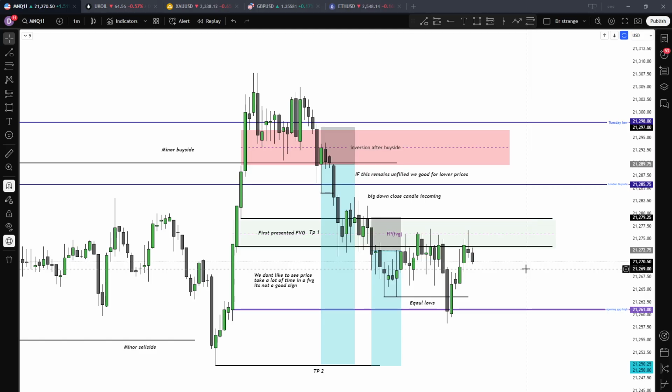I think that as we have this rejection, and we got below that volume imbalance, there's more to the upside, and we want to come and take them.